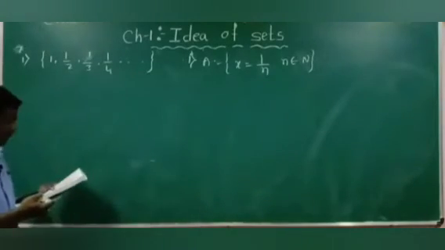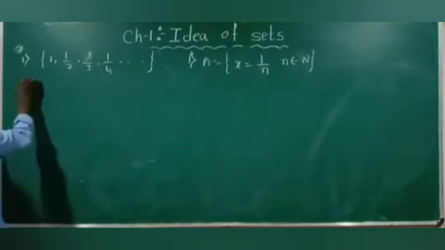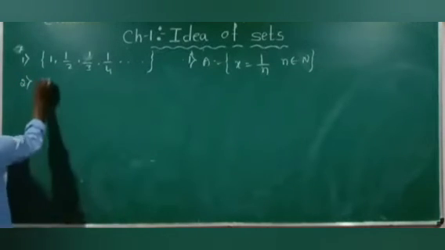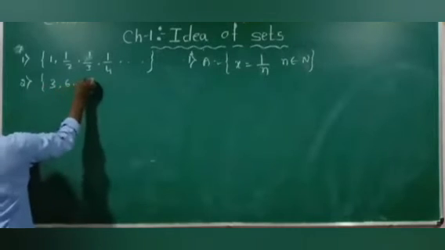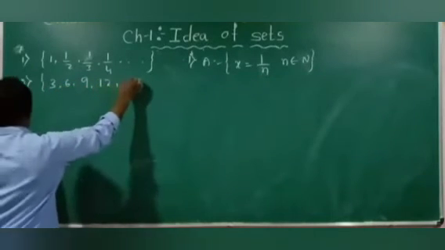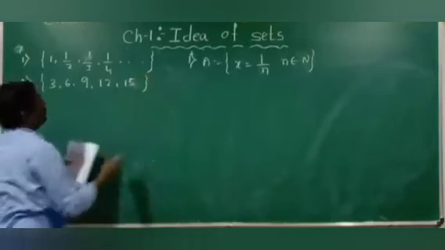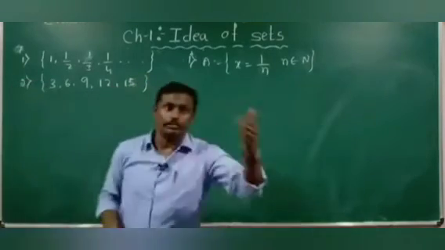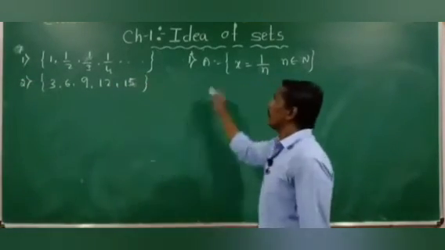Next, the second one. What are the elements of the second question? 3, 6, 9, 12, 15. When you observe these numbers, you will get some ideas. These are the multiples of 3.